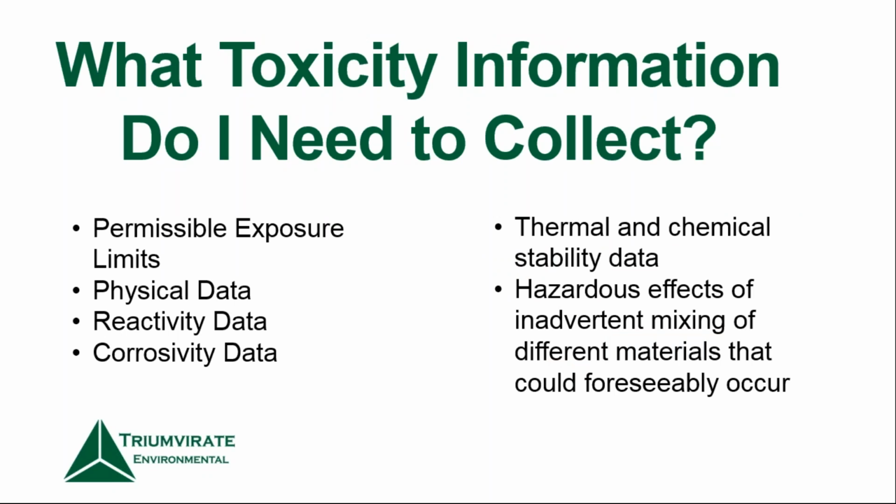Even so, I would suggest doing it for anything that's even close to the threshold quantity, or TQ. It's never a bad idea to collect that data, because what if tomorrow we change a process and now we're over on that material? At least you've already done all of the homework.